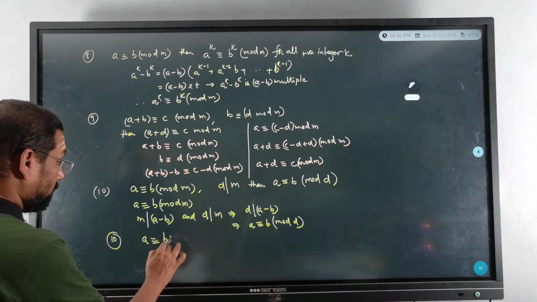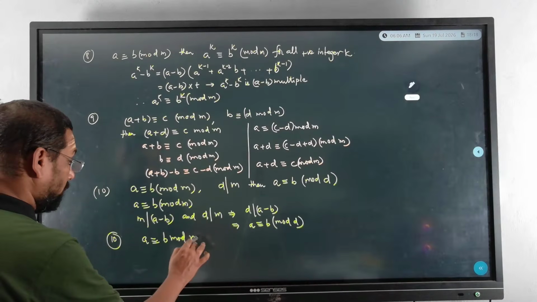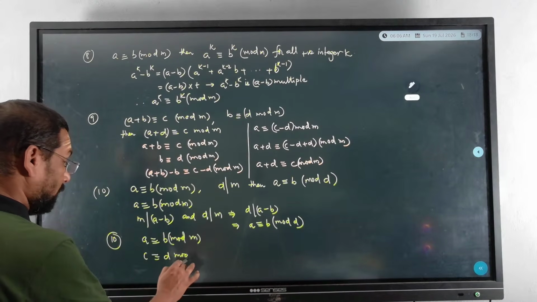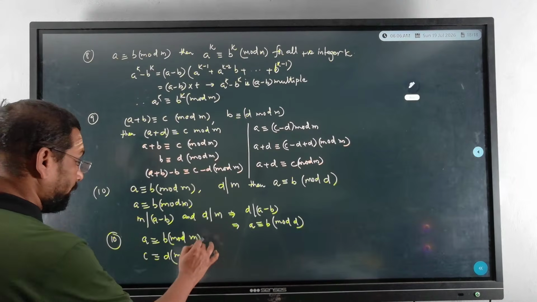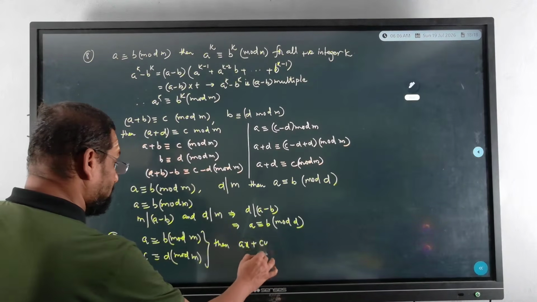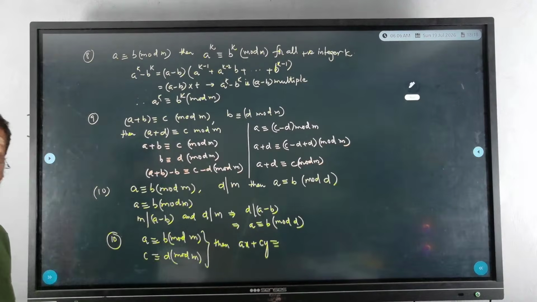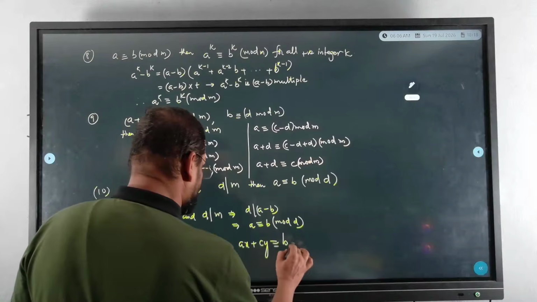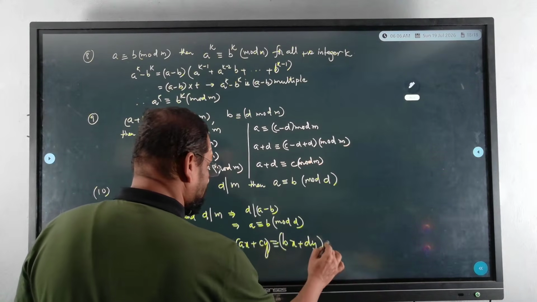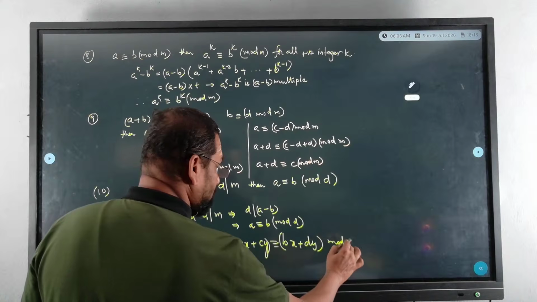A is congruent to B mod M, C is congruent to D mod M, then Ax plus Cy is congruent to Bx plus Dy. It is a general property only.